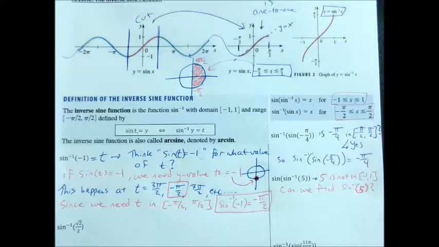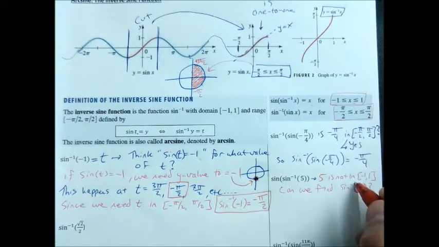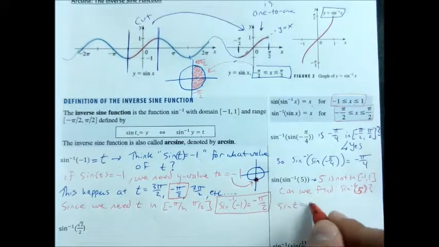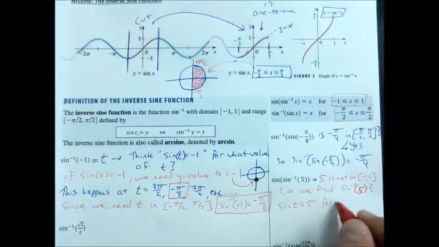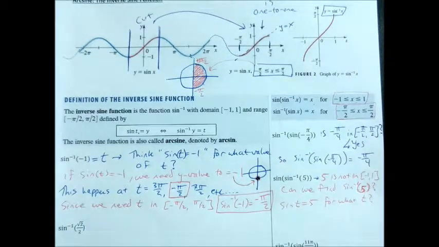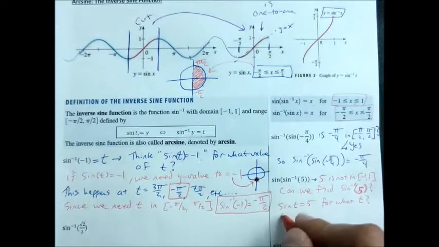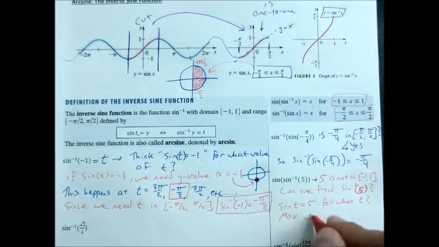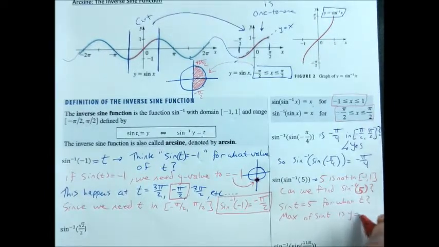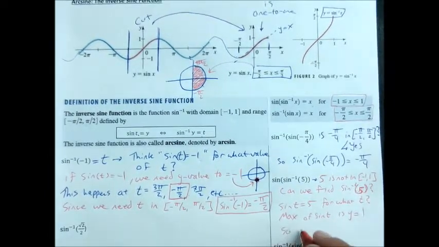Anyway, if we want to do the sine inverse of 5, we think, sine of what gives me 5? Nothing. You can't get a 5 out of sine, because what's the biggest sine ever gets? 1. So the max of sine is y equals 1. And so that's why this problem fails.